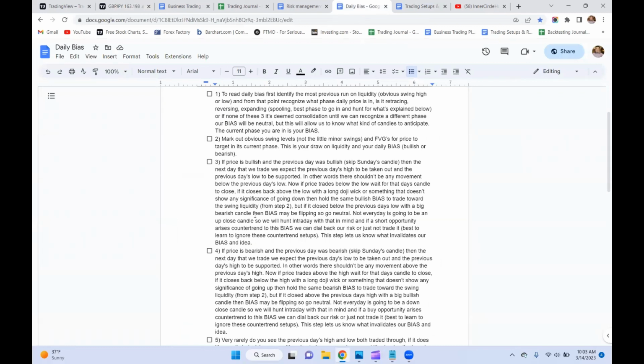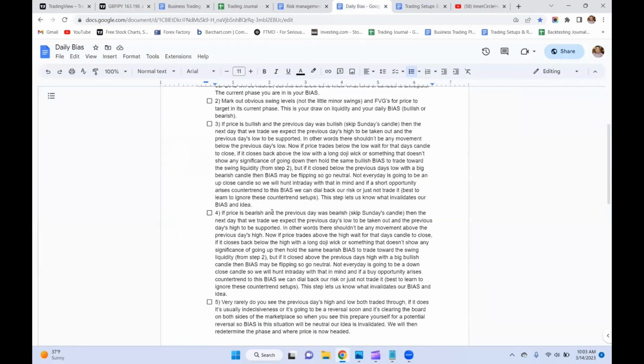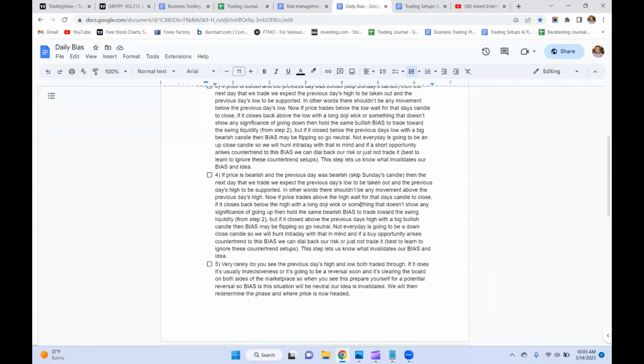But for now, if price is bearish and the previous day was bearish, then the next day that we trade, we expect the previous day's low to be taken out and the previous day's high to be supported. In other words, there shouldn't be any movement above the previous day's high. Now, if price trades above the high, one second.